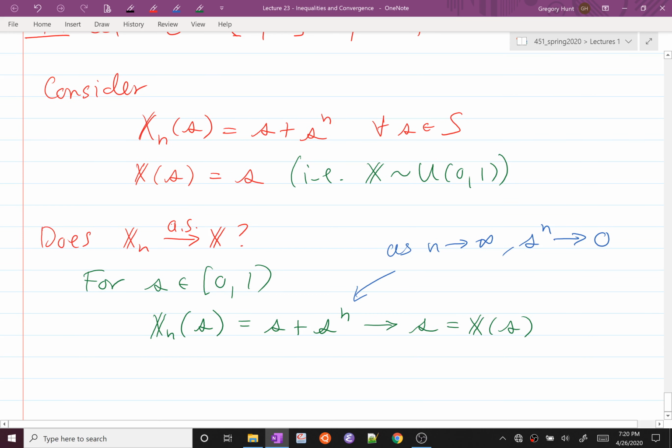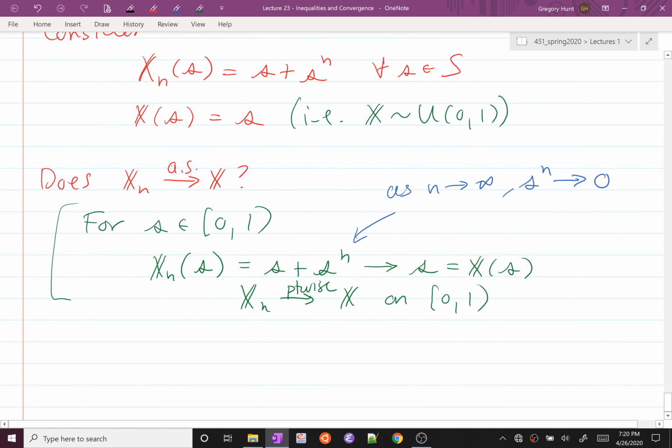And so the first thing we've established is that on the set 0 to 1 excluding 1, xn converges pointwise, or surely, to x.